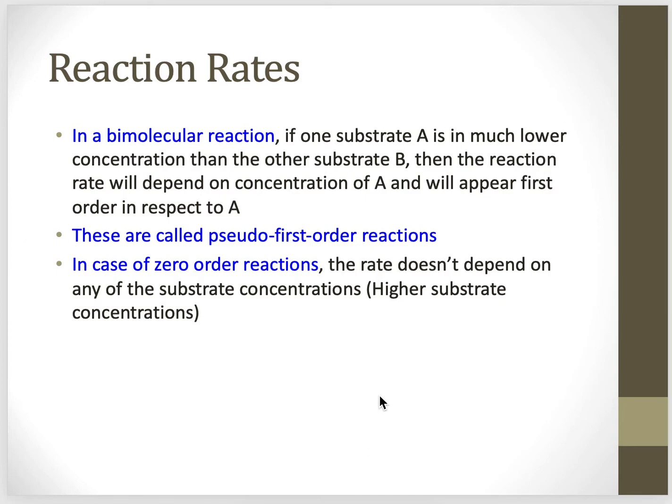There are two substrates, but as the concentration of one substrate is very low, the rate of this reaction will depend completely on the concentration of that one substrate, and the reaction will act like a first order reaction.